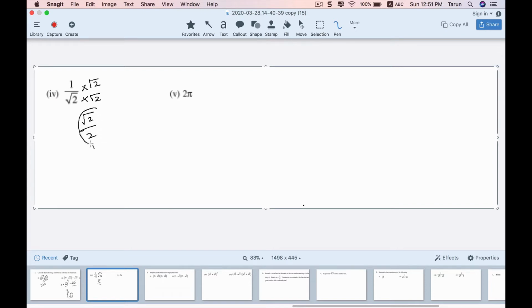Now, root 2 upon 2 cannot be solved completely, thus we can say it is irrational. And as we are aware that pi is irrational, the product of 2 and pi will also be irrational.